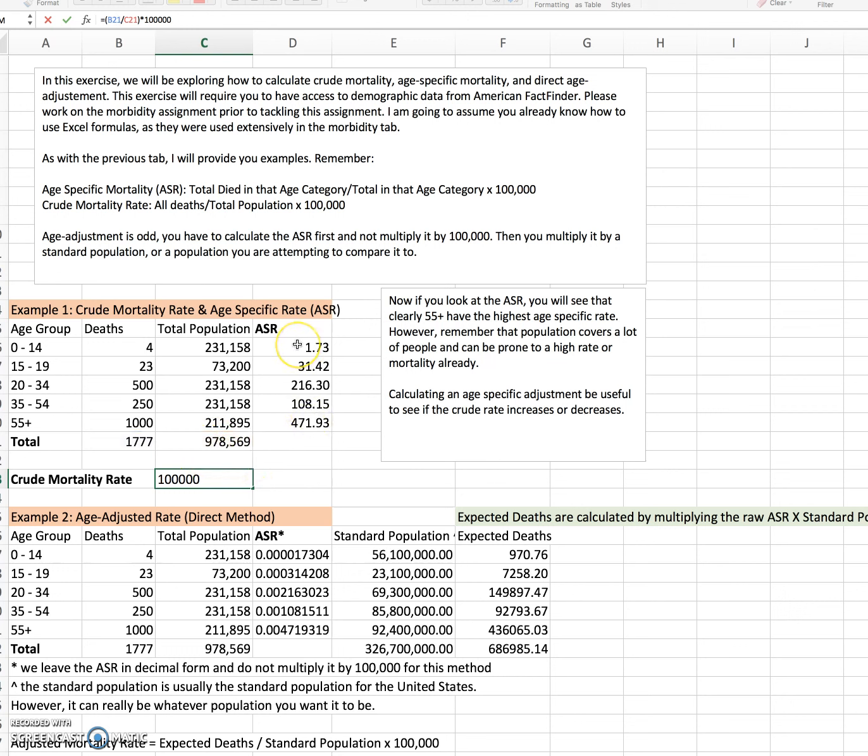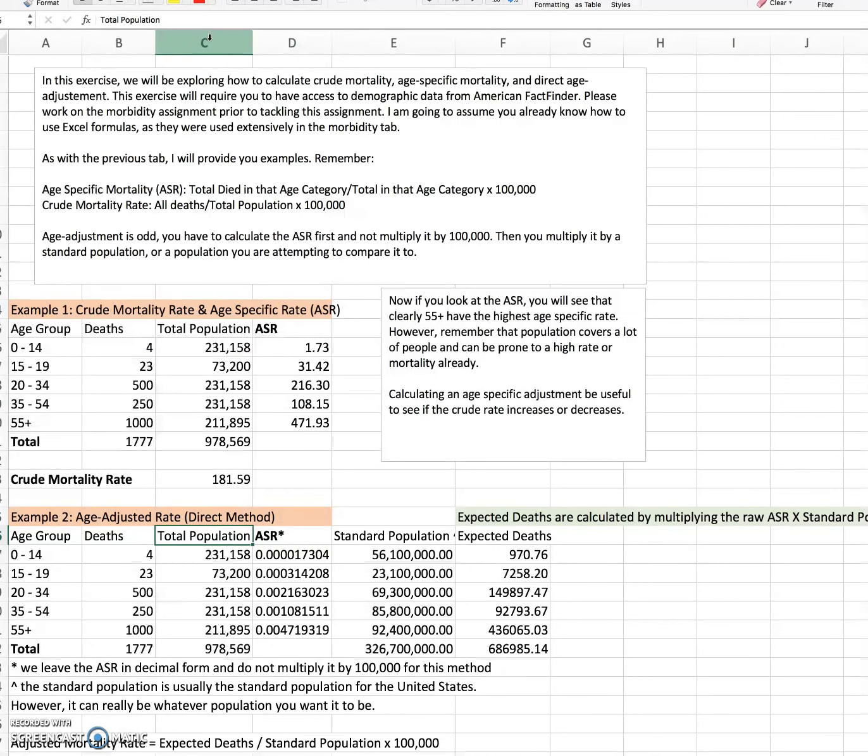Whereas if you look at our ASR formula, it is just total number of deaths in that age category over population in that age category. Now, if we were calculating the ASR, you could use your 100,000 multiplier or your 1,000 multiplier, whatever you're trying to use. Remember, multiplier doesn't matter all that much.